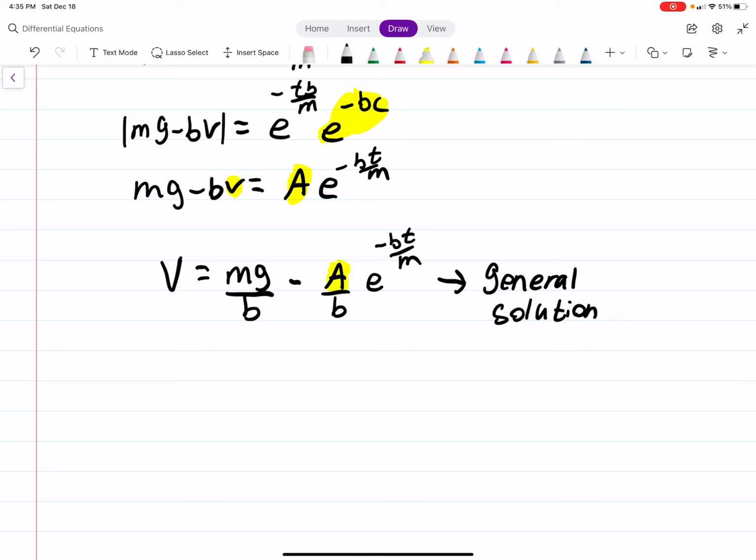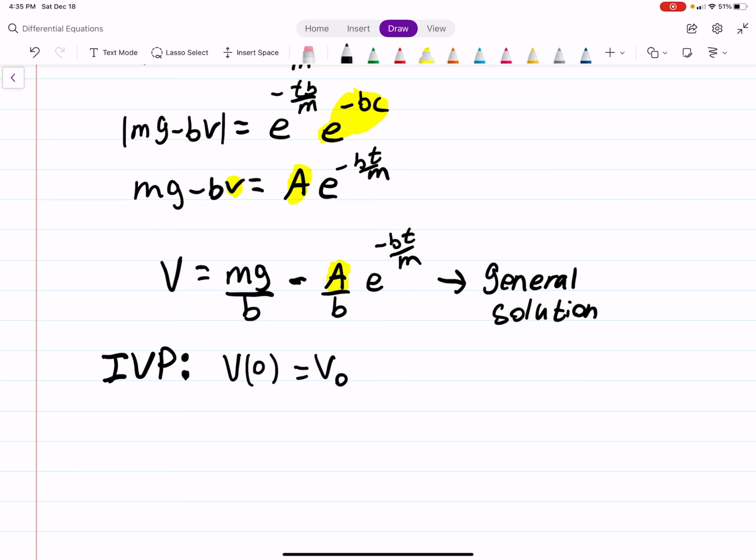a is. Now, if you're given an initial value, and this is then an initial value problem, you can solve for that. So if we say v of 0 equals v naught, in other words, at time equals 0, that's just your initial velocity.